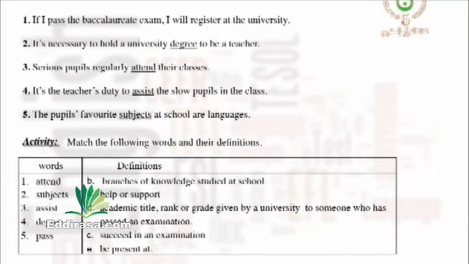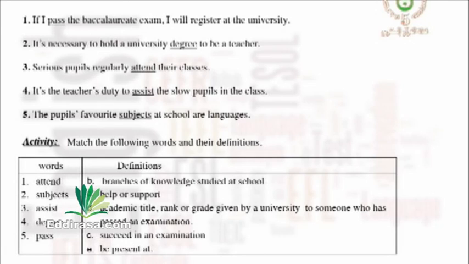Okay? Branches of knowledge studied at school. Help or support. Academic title, rank, or grade given by a university to someone who has passed an examination. Succeed in an examination. Be present at.